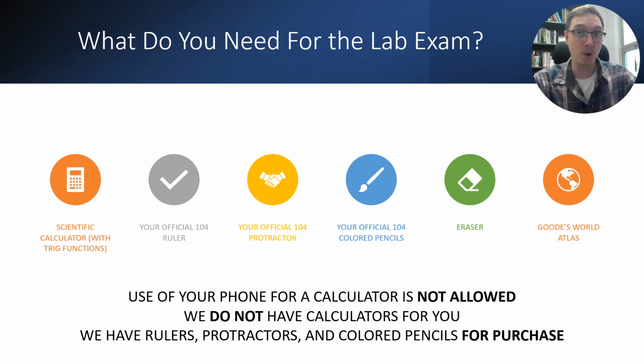If you don't have your Goode's World Atlas, you don't have an ability to answer the questions that require you to use it. We will be sending out reminders on Monday, going into the lab exams, but consider this the first reminder that you need to make sure you have these 6 things with you when you come into the lab exam on Tuesday or Wednesday.